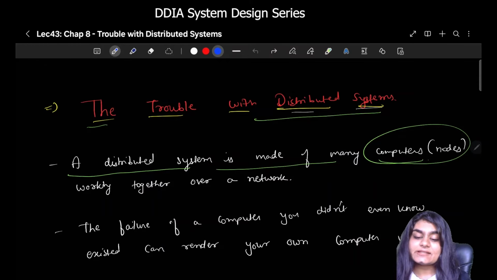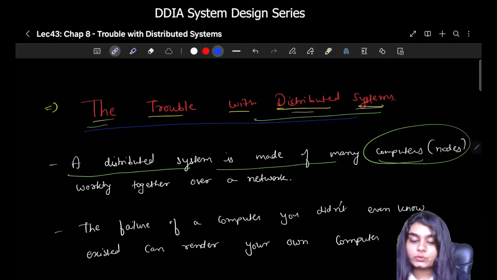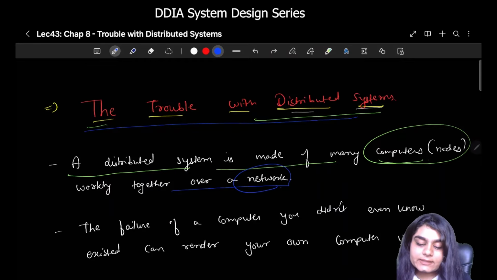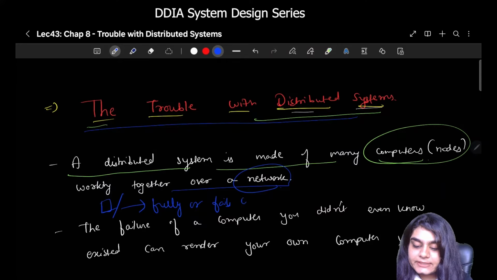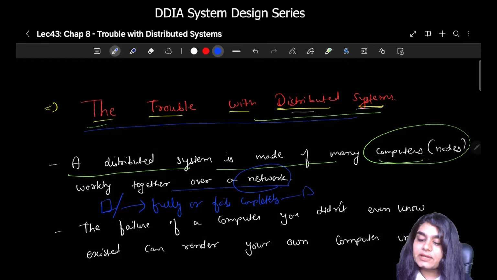Okay, so let's start. Let's talk about the trouble with distributed systems. A distributed system is made of many computer nodes working together over a network. Unlike a single computer which either works fully or fails completely, a distributed system can fail in many unpredictable ways.